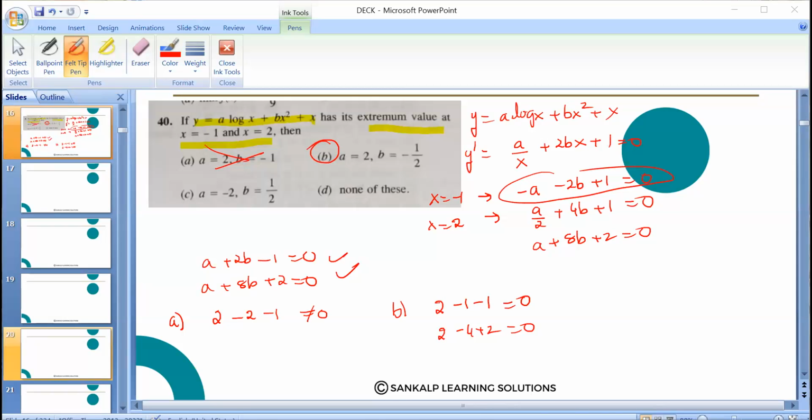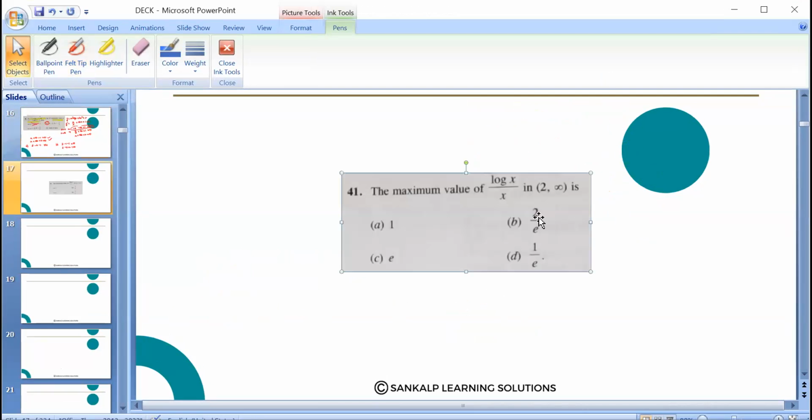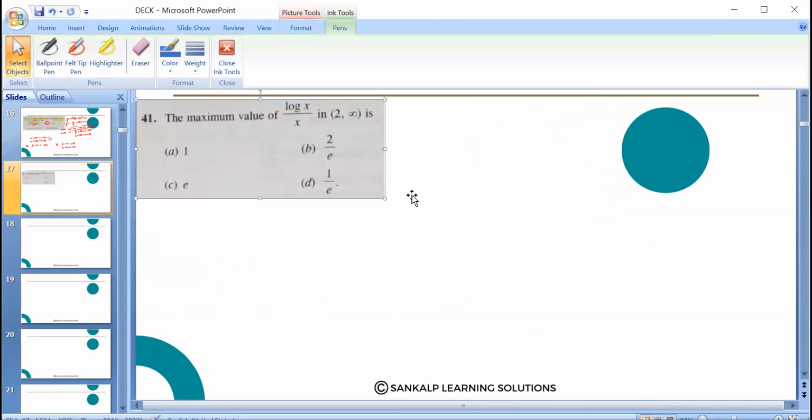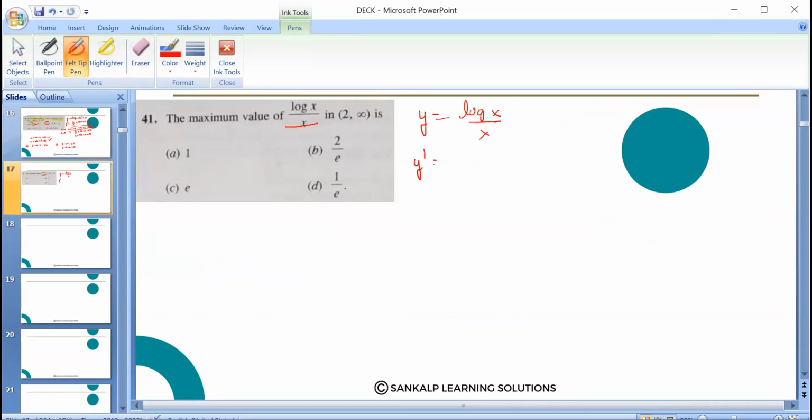Now we will go to 41. The maximum value of log of x by x in the interval 2 to b. Take y equal to log of x by x. Find y dash using quotient rule.